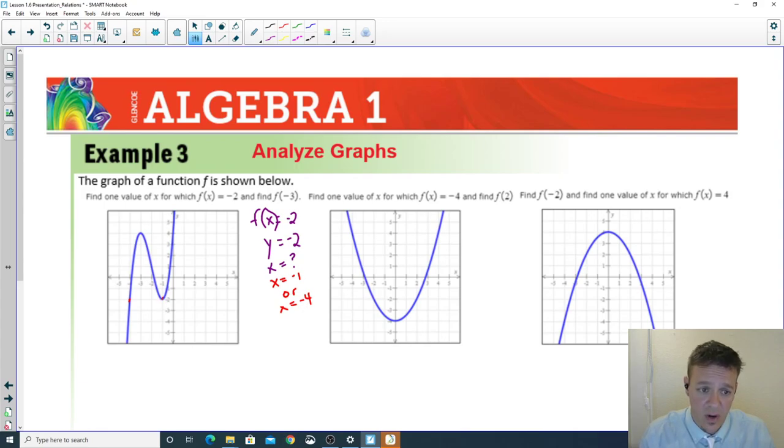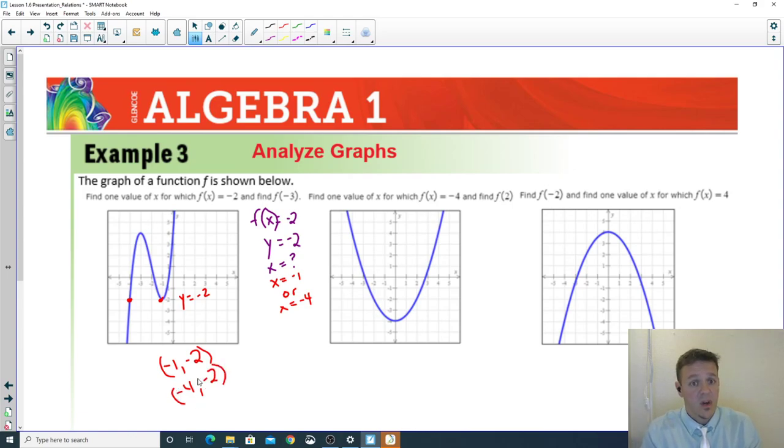Hopefully you see that. Where y equals -2, right here, these are my two points. My coordinate points would be -1, -2, or -4, -2, just like that.